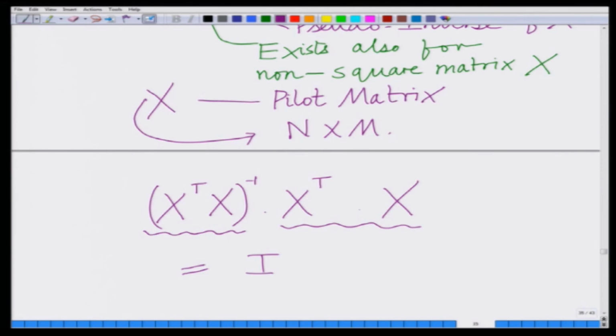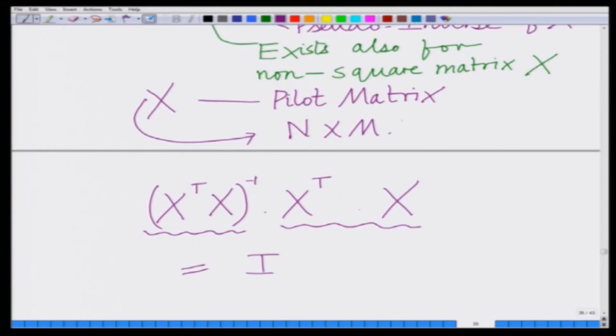Here x is an n cross m matrix, where n, the number of pilot observations, is possibly greater than m, the number of unknown parameters. Ideally we would like n to be as high as possible, so the number of rows is much larger than the number of columns.